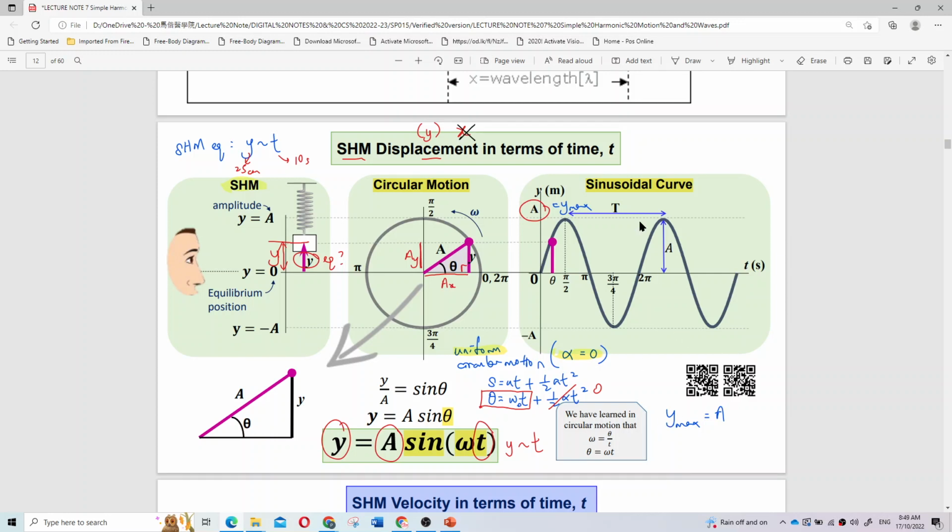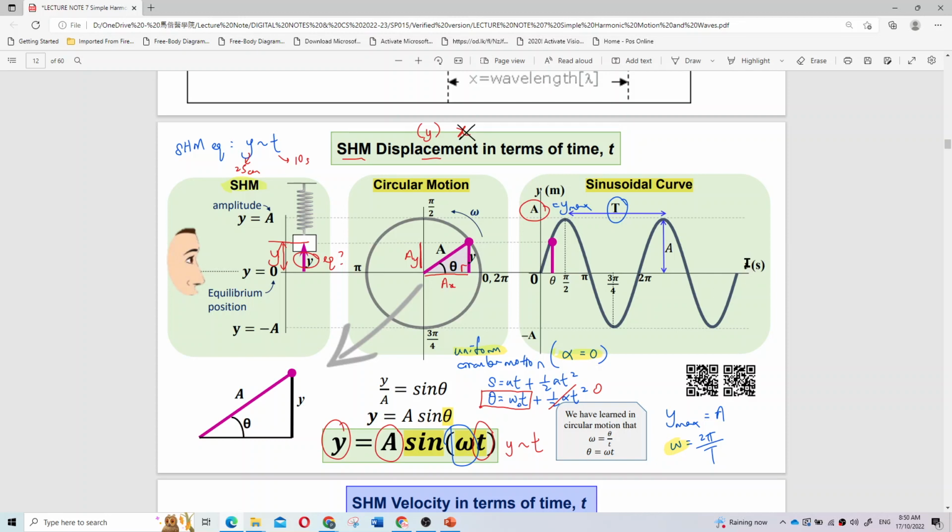And then the period can be obtained from the omega over here, because omega is 2 pi over period. So if the graph gives us the value of the period, we can find the omega for this equation.